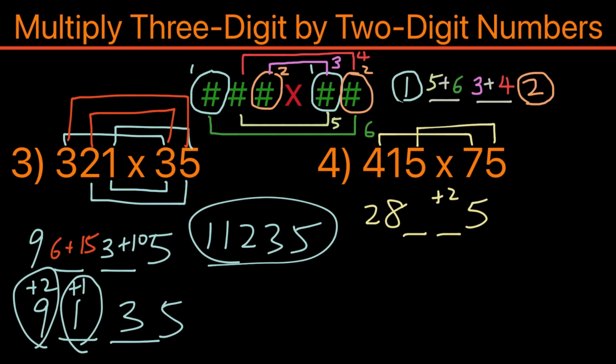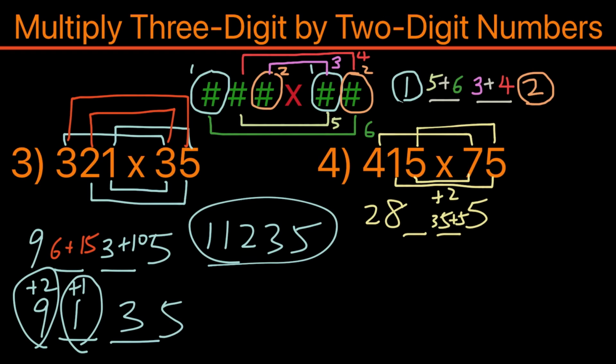Next, we will have last digit times by first digit. 5 times 7, 35. Then, fourth step, second digit to last. Second digit times the last digit. 1 times 5 is 5. So we'll add 5 here.